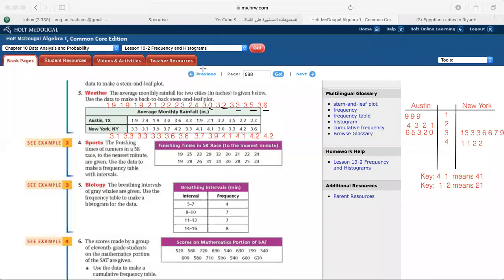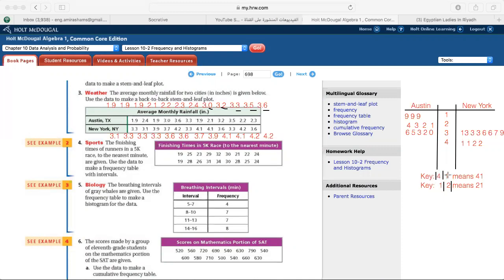Let me write here. Girls, here I will put 2 lines because it is back to back.